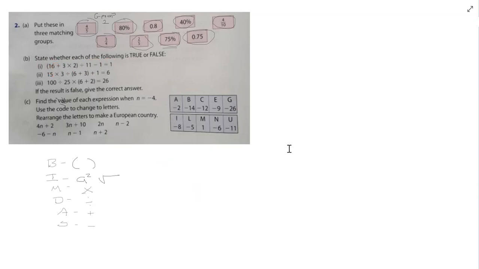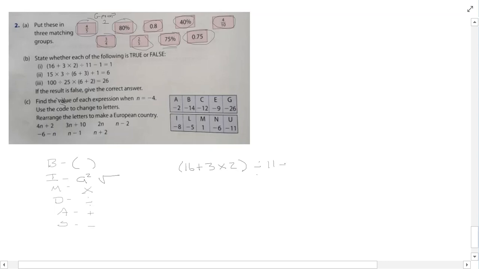So if we take the first one, inside brackets we have 16 plus 3 multiplied by 2, and then this is divided by 11 minus 1, and we're saying that that's equal to 1. So you have to carry out the various operations that are at play here, and follow this rule.